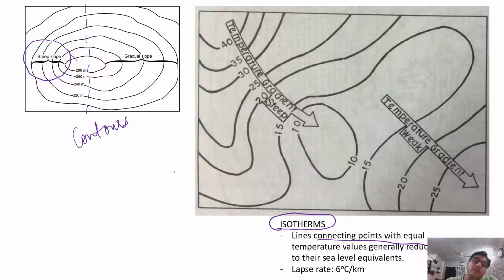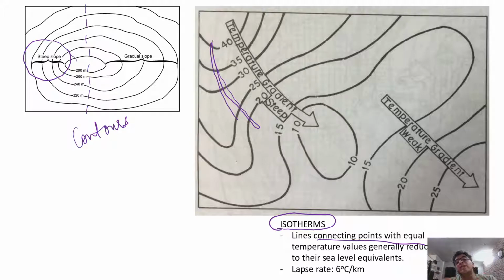So here we can see that they are very closely spaced. So here the temperature gradient will be steep, while on this side they are widely spaced, so the temperature gradient will be very weak.